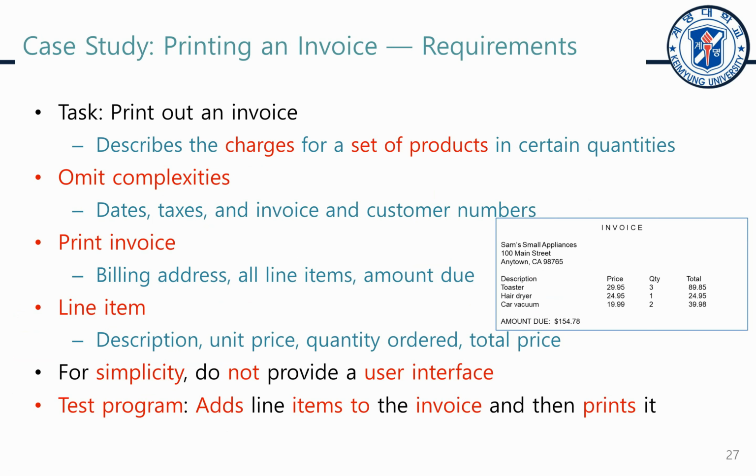Then let's see how we can design this collaboration or association of classes by trying to create an invoice printer, or a class that prints an invoice in a cash register. So an invoice looks like this, right?